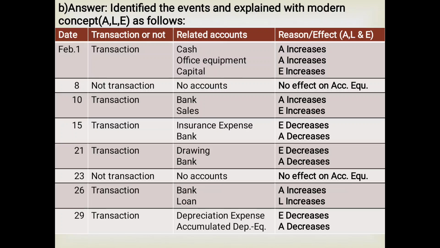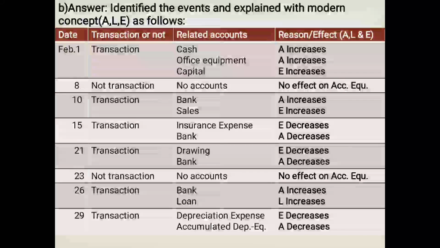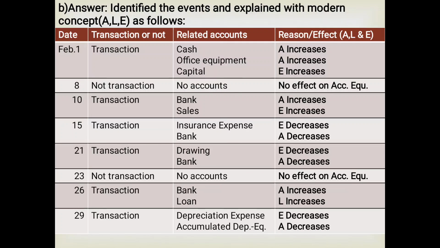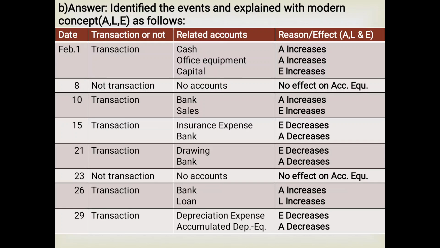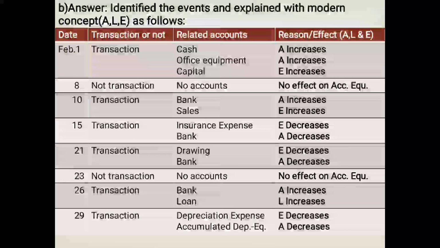February 1, this is a transaction, and it's related to 3 accounts: cash, office equipment, capital. You know cash is one kind of asset. When cash increases in the business, then asset increases, so reason A increases.